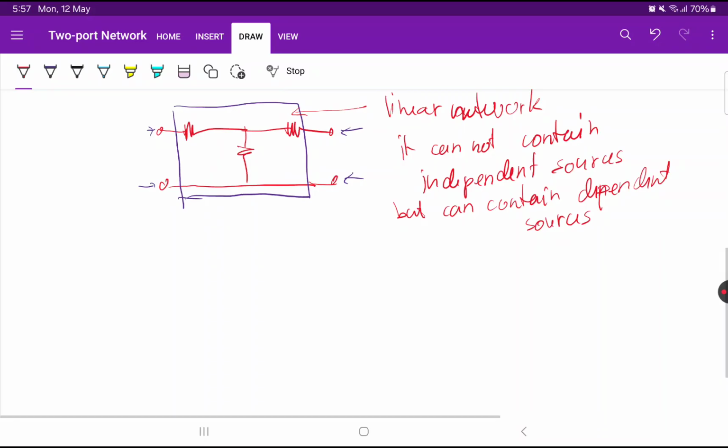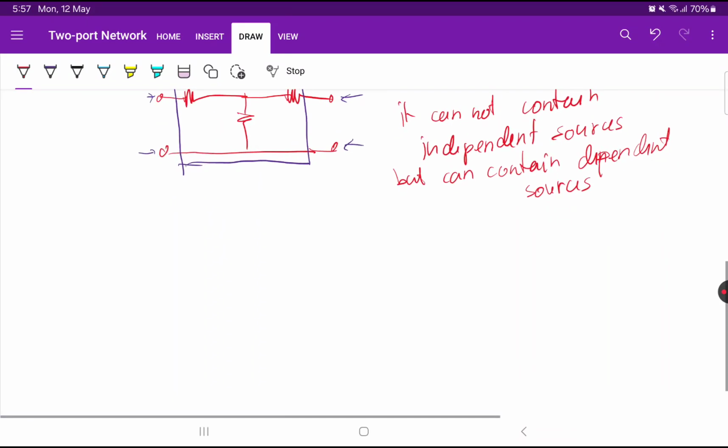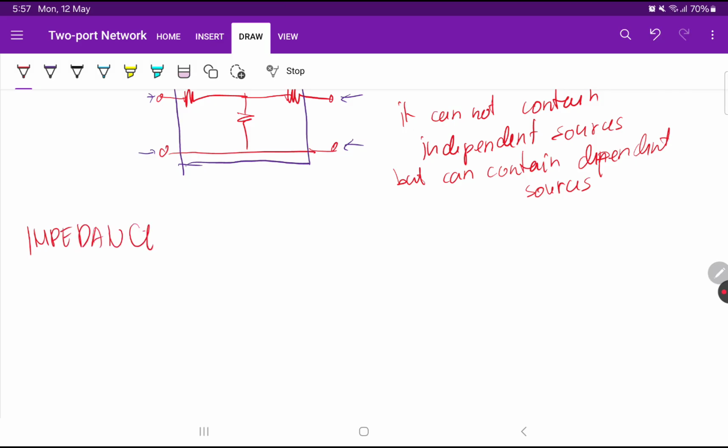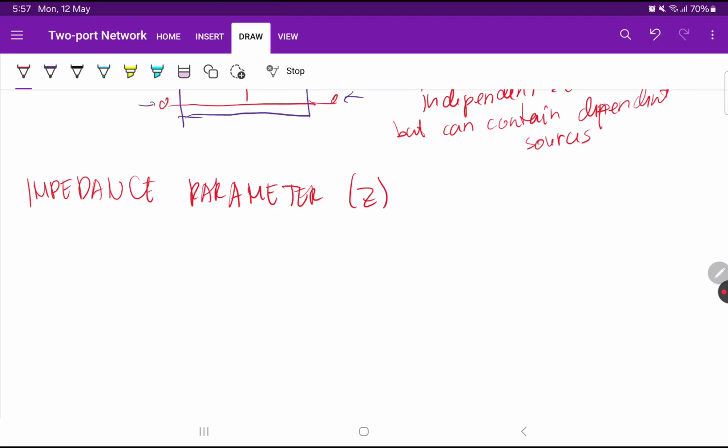So let's start with the first model, or the first parameter. We call it the impedance parameter. We use the variable Z to represent this impedance.